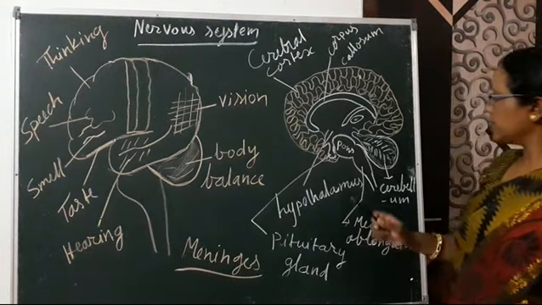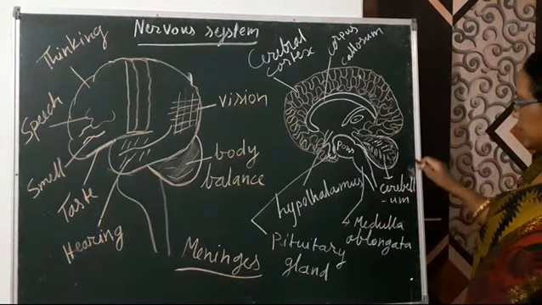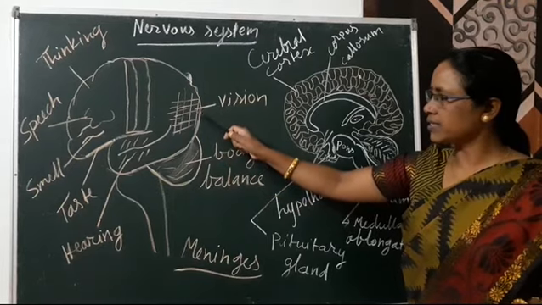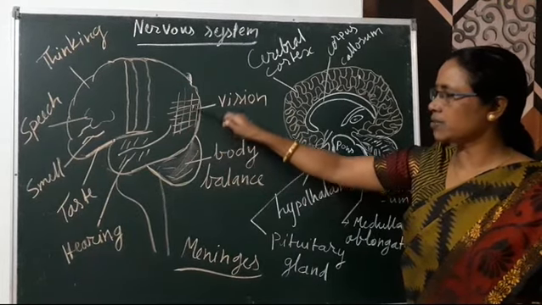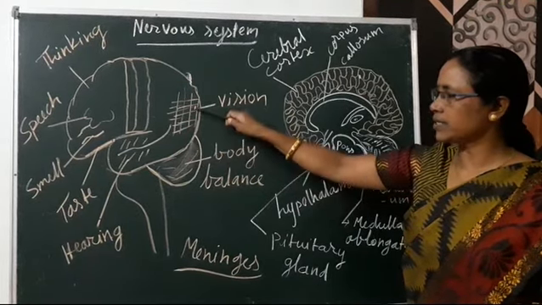Next we will see about the cerebellum. Cerebellum is located at the base of the large cerebrum, and it is also known as the little brain.